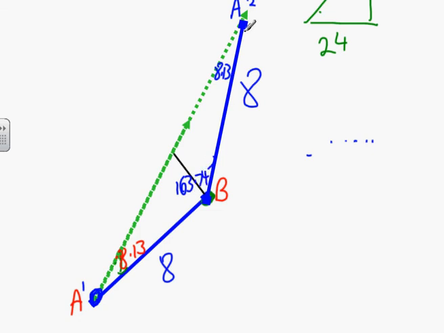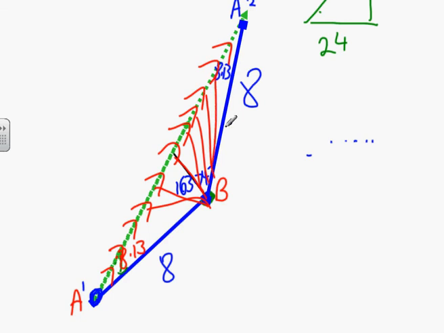Okay, I have to find out what this green line here is. How much distance did A travel relative to B while it was still within 8 kilometers of B? It travels along this path here, and at any point you can draw a red line back to B. These red lines back to B are going to be less than 8 kilometers long. Hence you're within 8 kilometers, okay?